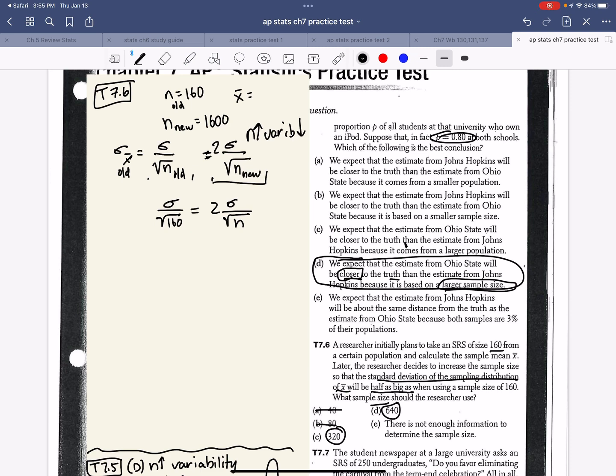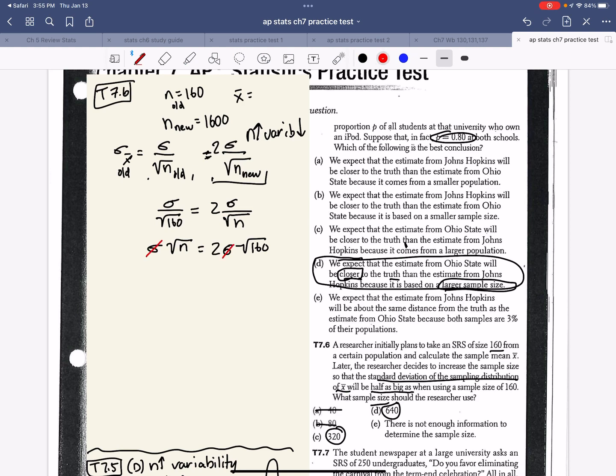So notice we can do some swapping here. I can move this square root of n up here, and I can move the square root of 160 up here, and I have 2 sigma, and I have sigma. All right, so I moved everything to the numerator, or you could think of it as cross multiply and solve.